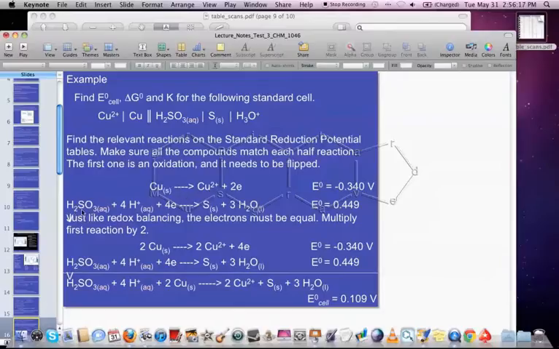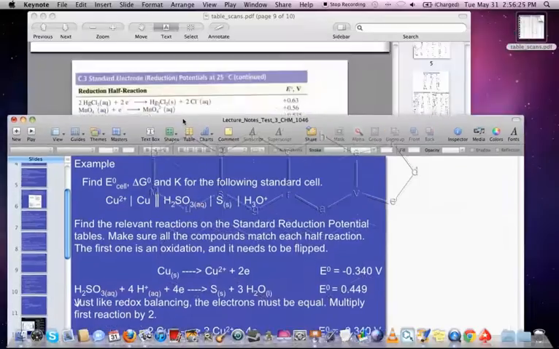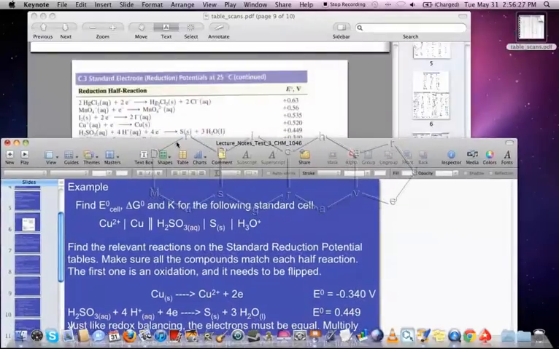Next, I have to hunt down something that involves H2SO3, H3O+, and sulfur solid. Where are we going to find that? There we go, H2SO3, H+, and sulfur. Now you might be saying, hang on, this is H3O+, that's H+, but if you look back to test 2, you'll realize that H3O+ and H+ are one and the same.